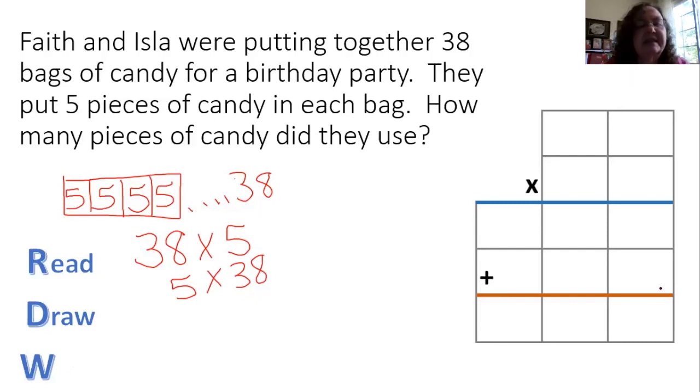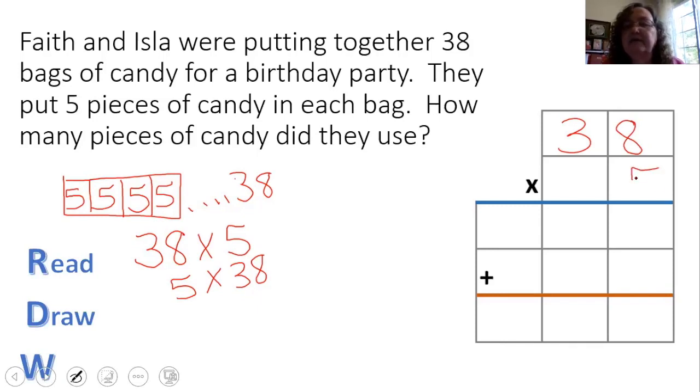And I would say that 38, putting them in their place value, times 5. Let's start. 5 times 8 is what? 40. And I hope you're using this time at home to memorize those multiplication facts.